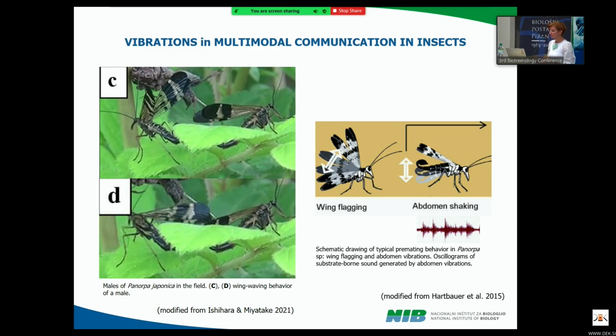So Hartbauer and co-workers suggested that this vibrational signal produced by abdomen shaking is a fixed element of the corresponding visual display of the moving of the abdomen that is colored red.